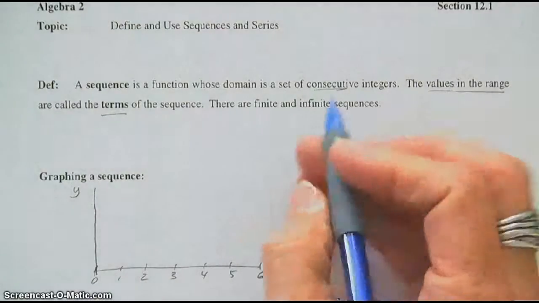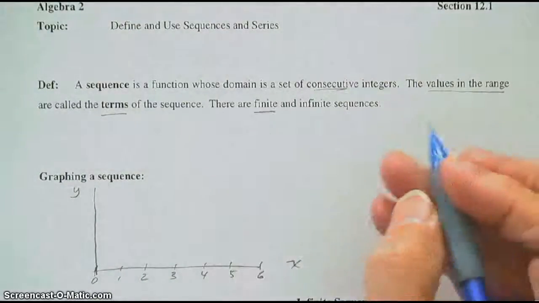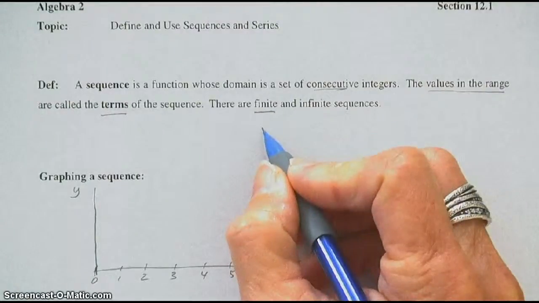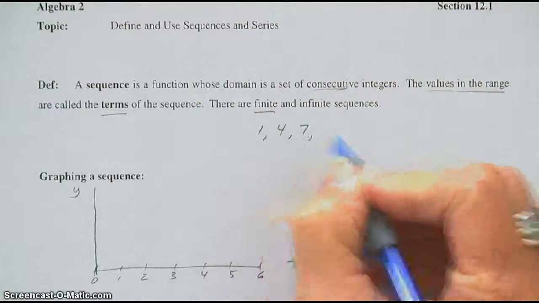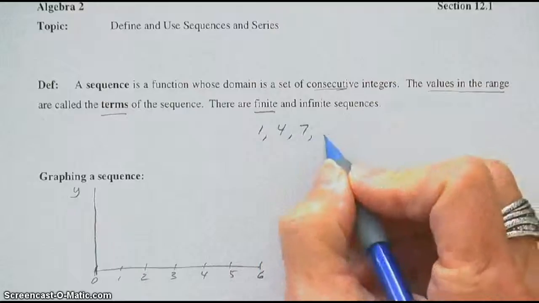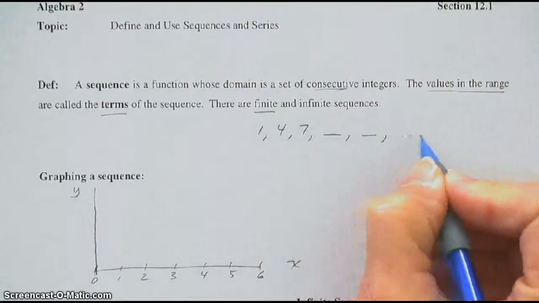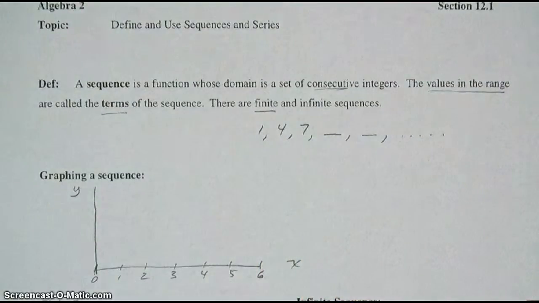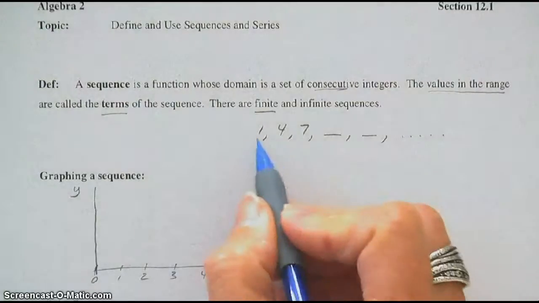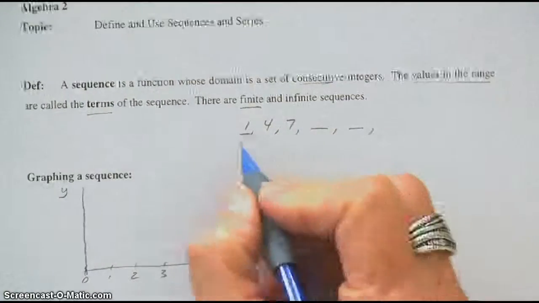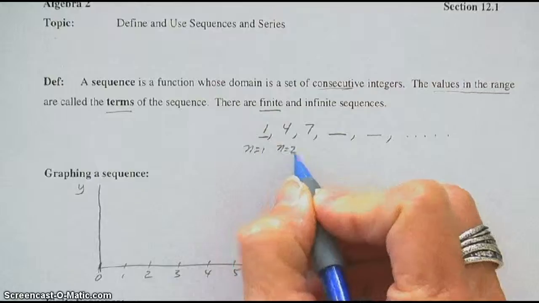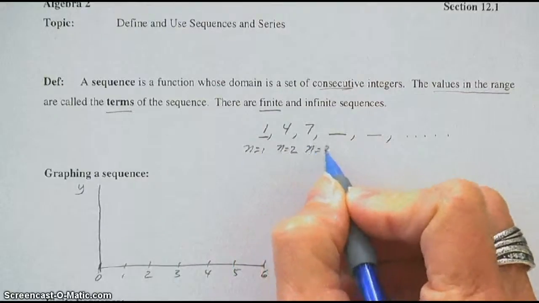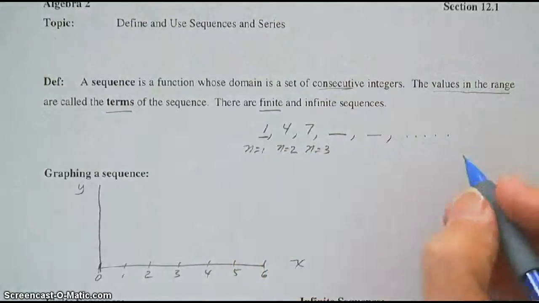So let's take an example of a sequence. Let's take an example of something maybe you can recognize. 1, 4, 7. See if you can find the next couple of terms. And these are called terms. Typically we say that n equals 1 is the first term, n equals 2 is the second term, n equals 3 is the third term.